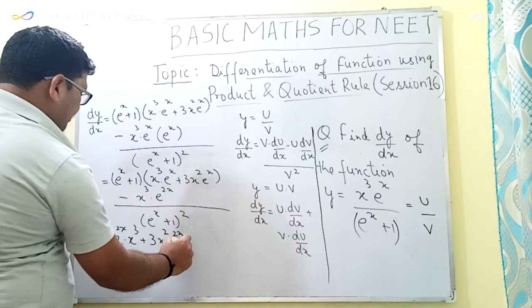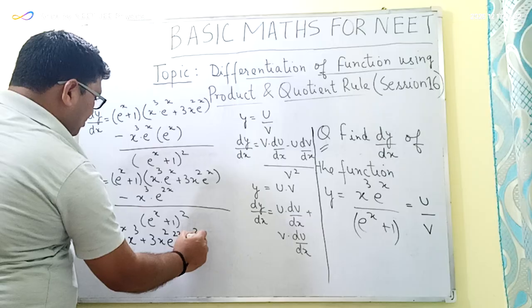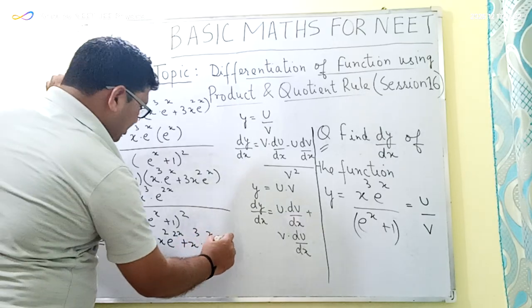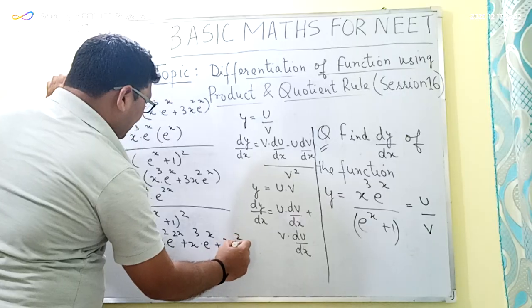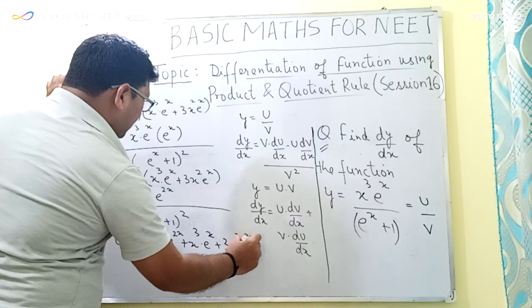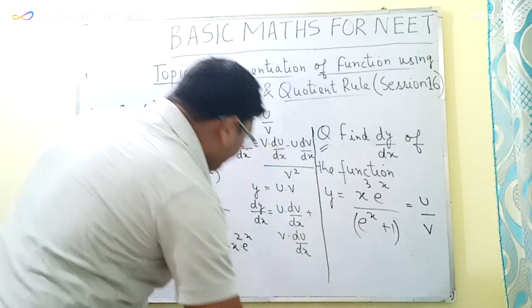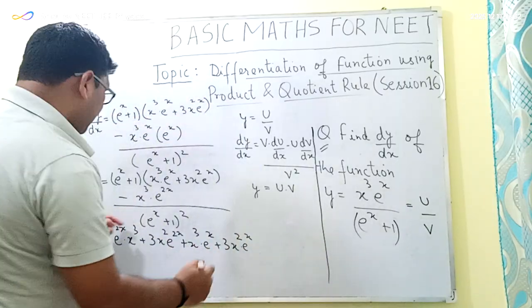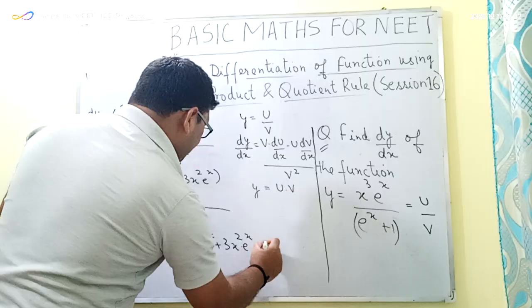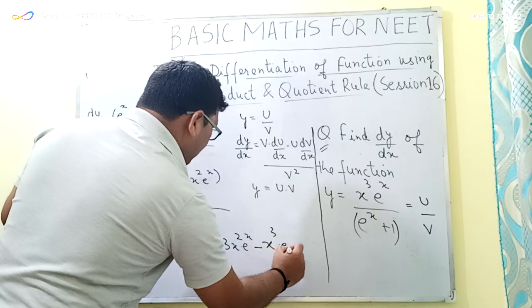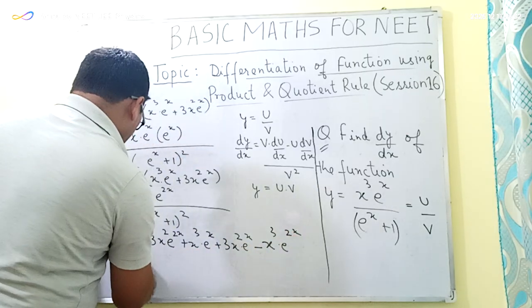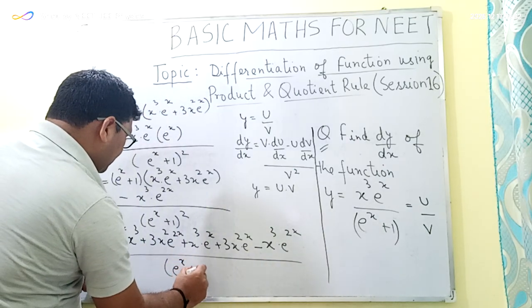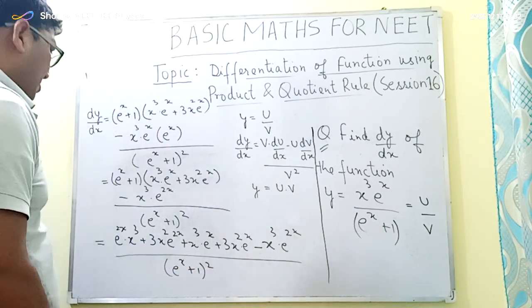Plus x cube e to the power x, plus 3x square e to the power x, minus x cube e to the power 2x, divided by e to the power x plus 1 whole square.